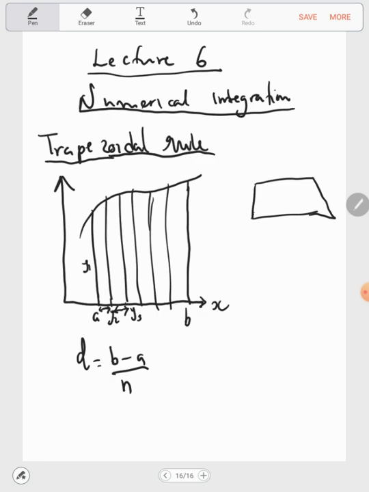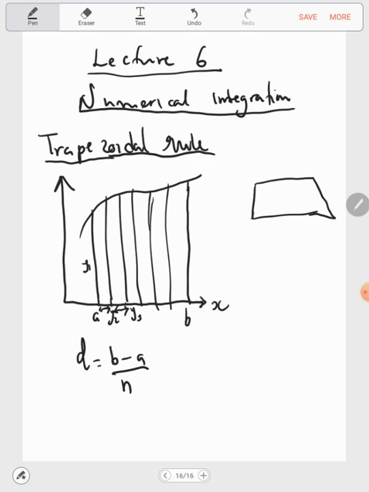That is how we get the D. So we have our ordinates. These are just the y coordinates, which we call ordinates. Therefore we have y1, y2 up to yn.